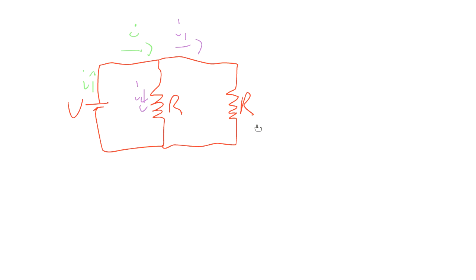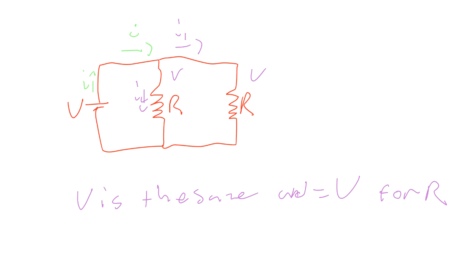So what I want to argue here is that I know that in parallel, the voltage is the same, and the current in each branch equals V over R. But we can see if we have the same voltage in each branch and the same resistance, and there's two resistors, well, logic tells us that the current has to split evenly among each branch.